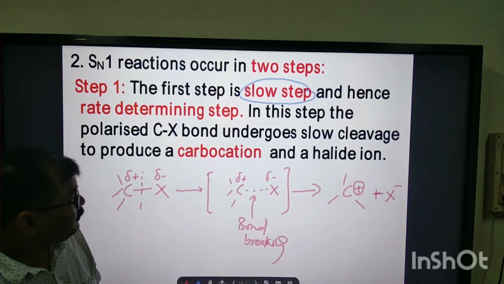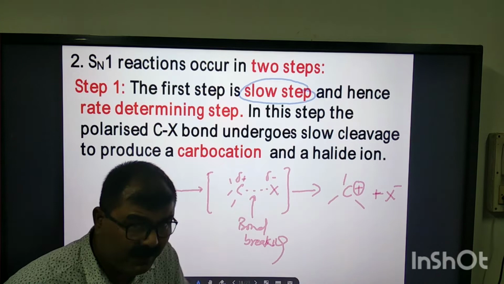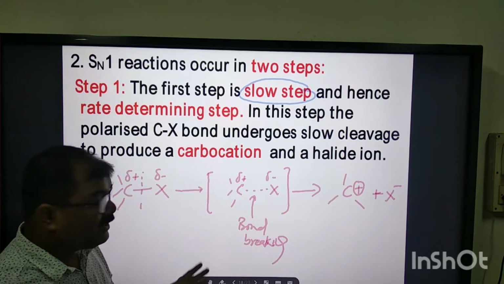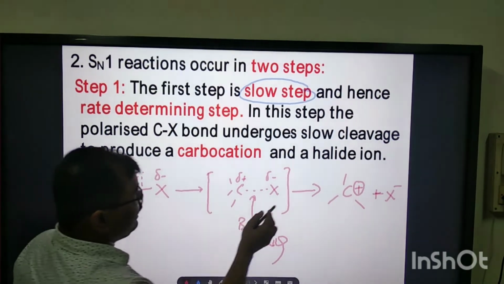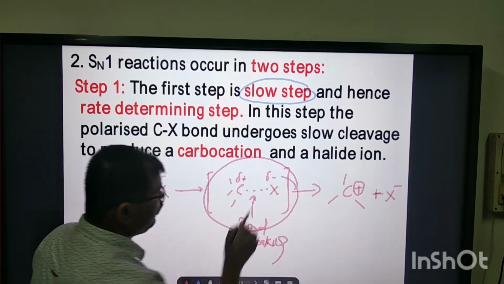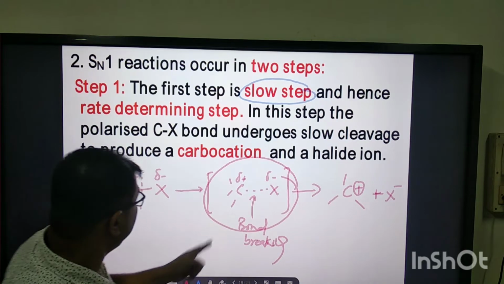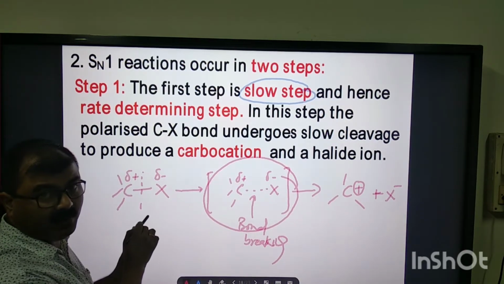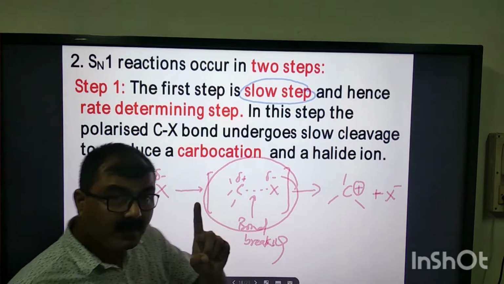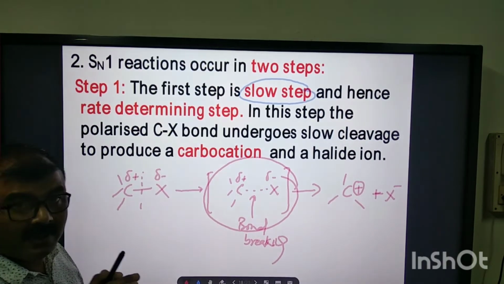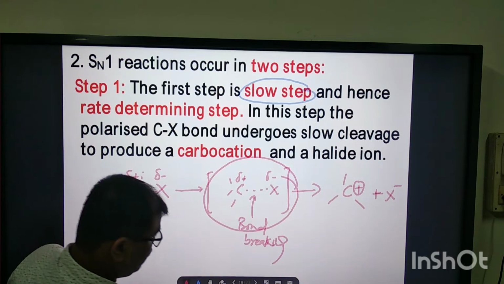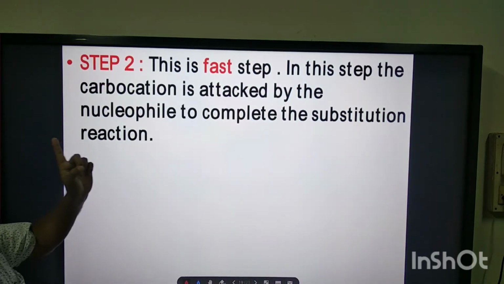Now here you see, once again I am telling you why the molecularity is one, why it is unimolecular: because here in the transition state only one molecule is involved, that is the substrate molecule. That is why the molecularity of the SN1 reaction is 1. Clear? Now let's go for step 2.